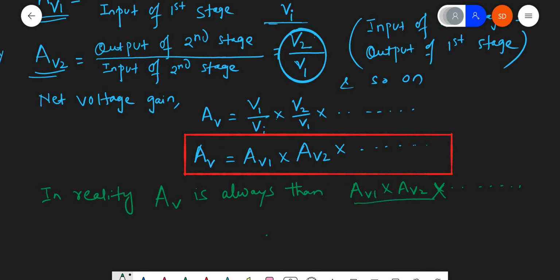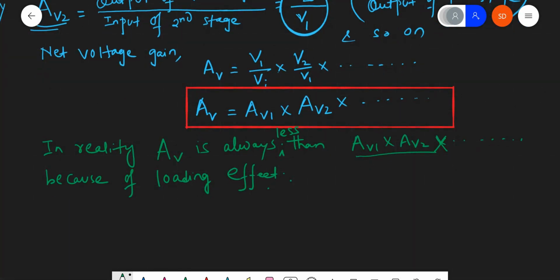The reason is the loading effect. I'll discuss the loading effect in another video.